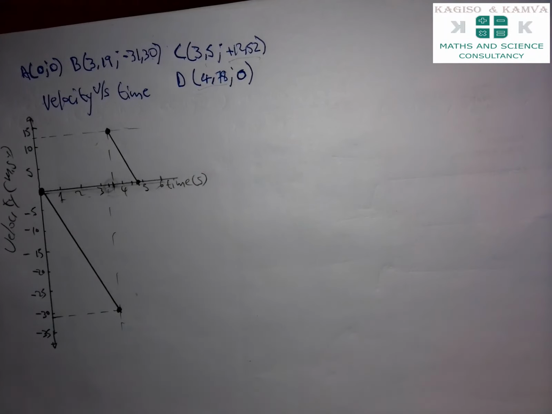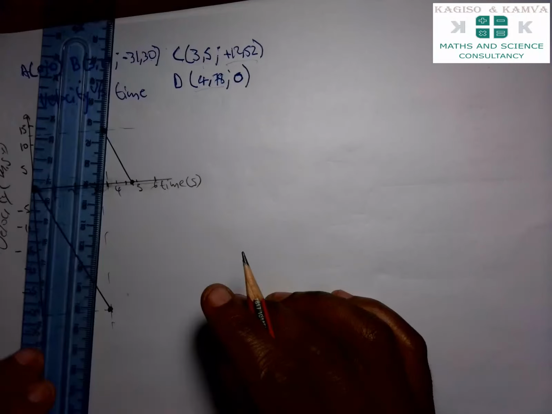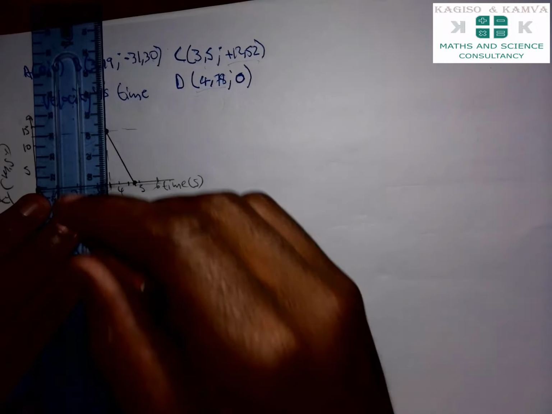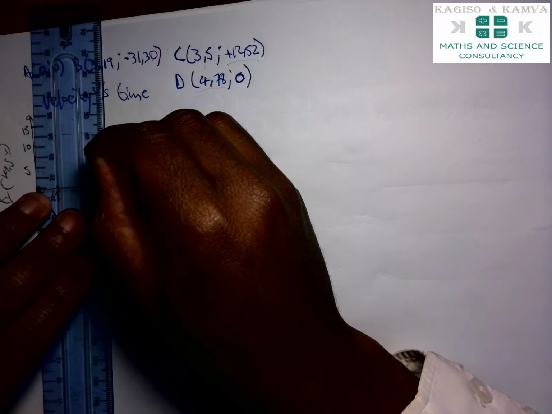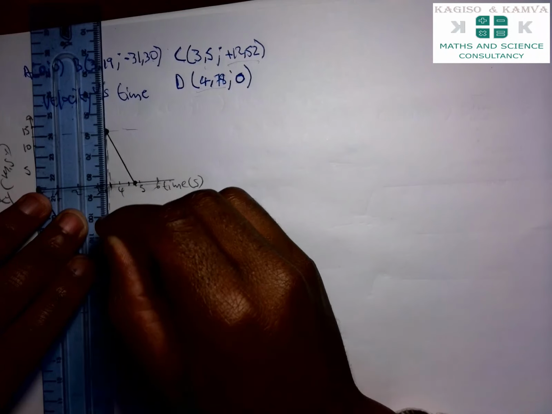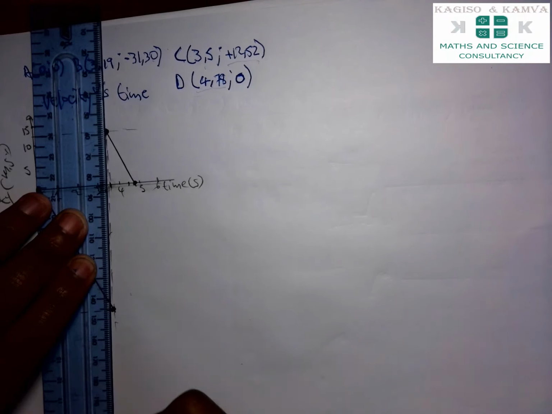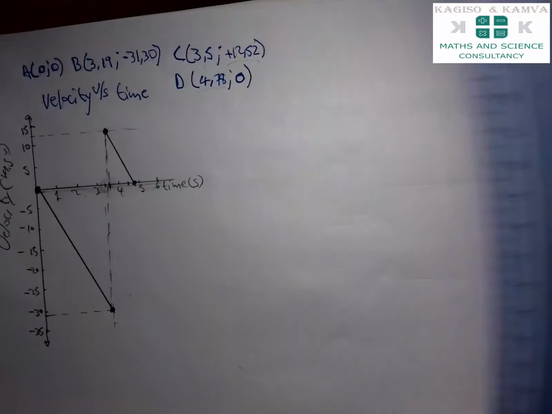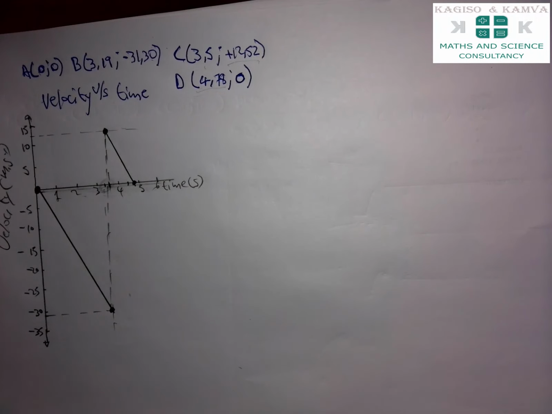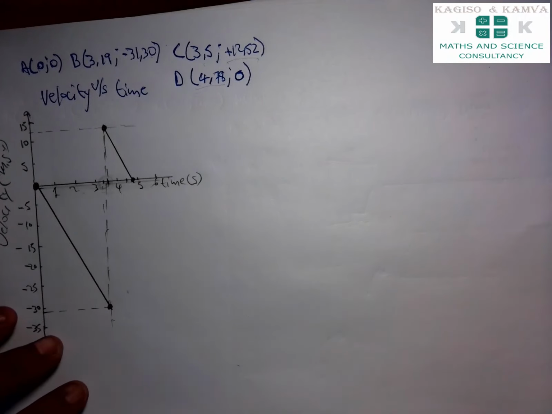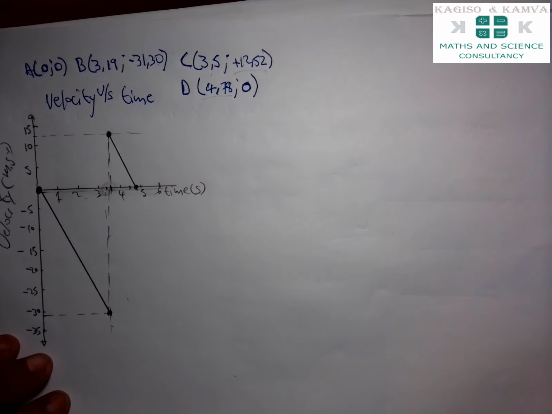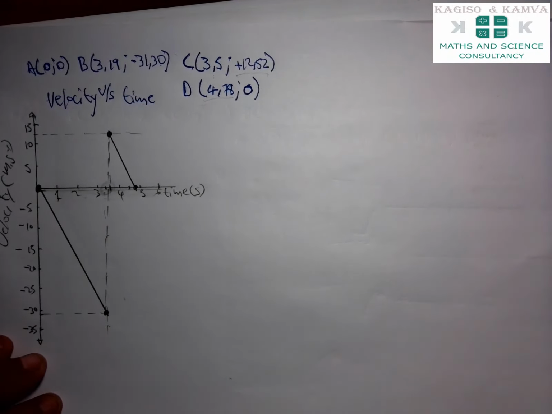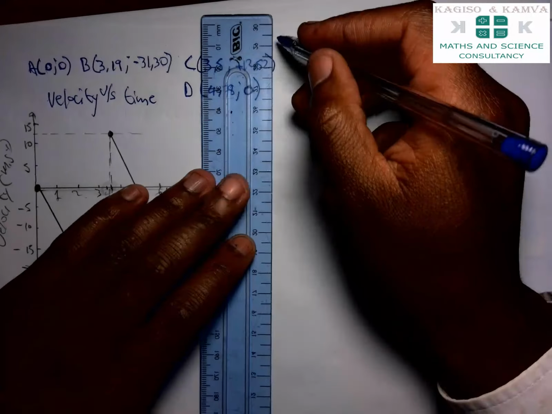And then we can just use the dotted lines like this, or you can just leave it as it is. Okay, good. Now let us do the displacement time graph.